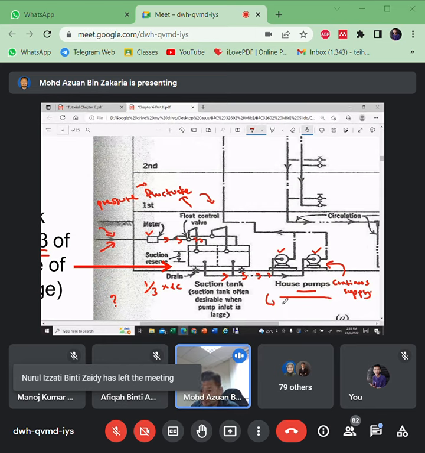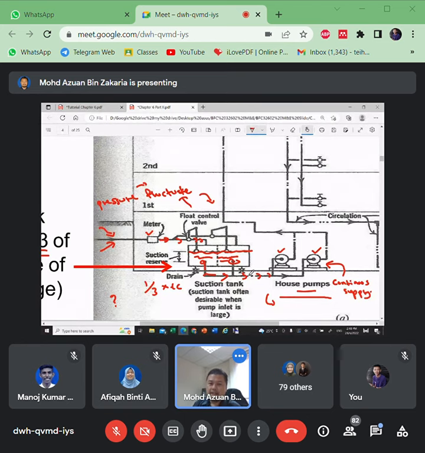The pump cannot work efficiently if using direct supply. So to prevent that problem, it is suggested to use a suction tank. The water is always available, and the pump always has access to ready water, so there is no pressure problem and no bubble problem. Maybe they can also put some filter to prevent sand.